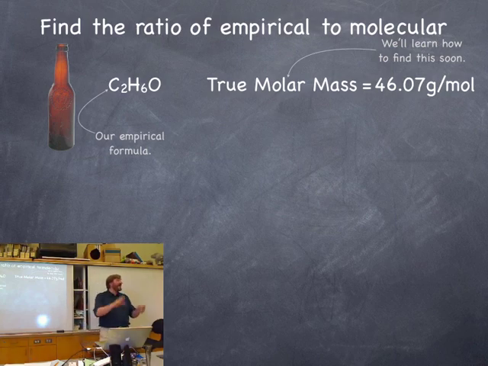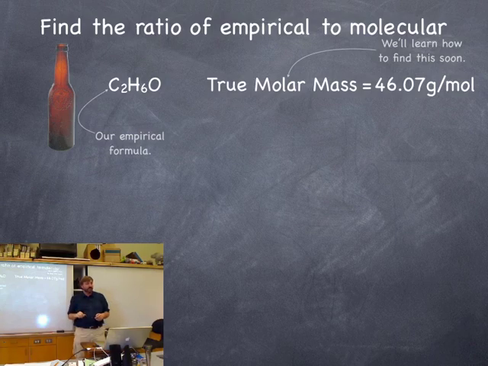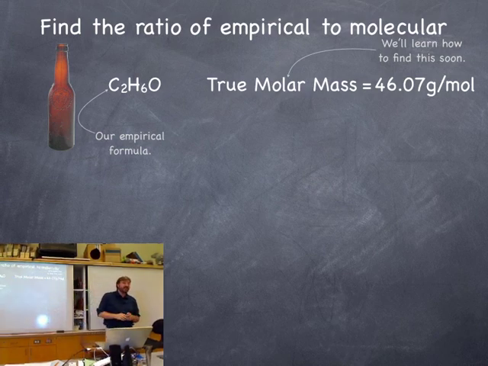So for right now, I'm going to give you this value until you know a way to find it out for yourself. In that case, I could give you some experimental data and you could calculate it and then finish this problem. So right now, I'll tell you the true molar mass of the sample in the bottle from the fridge is 46.07.